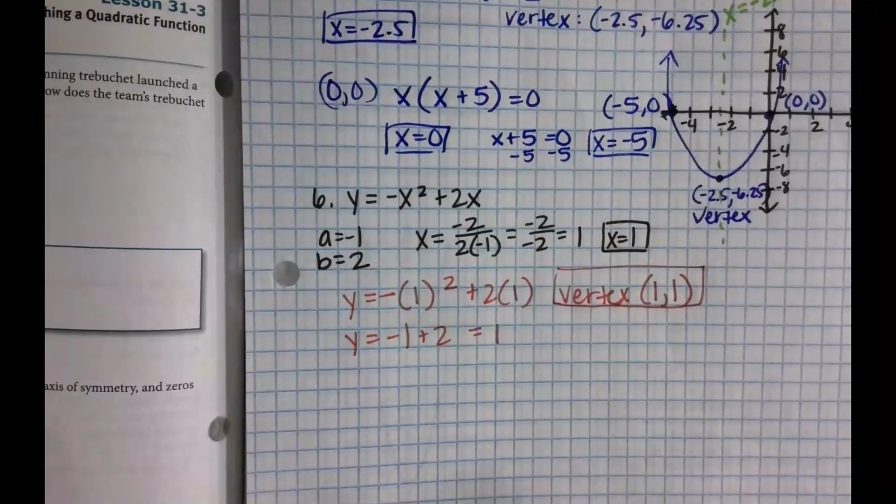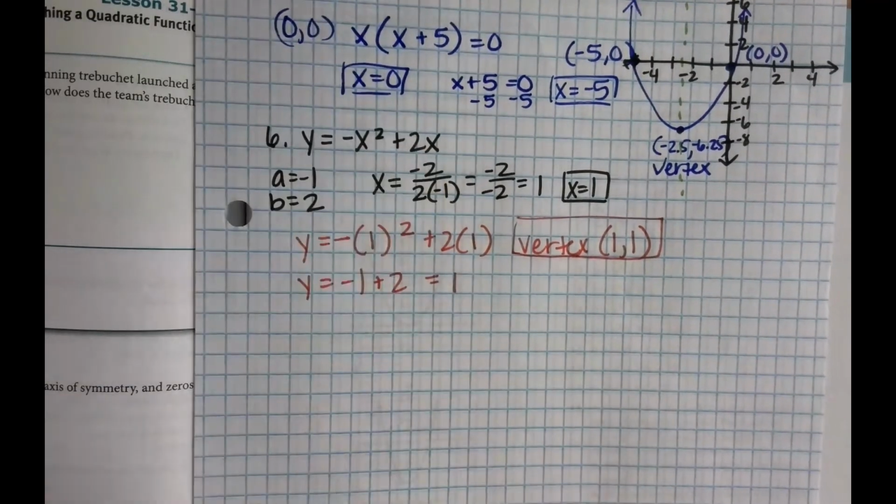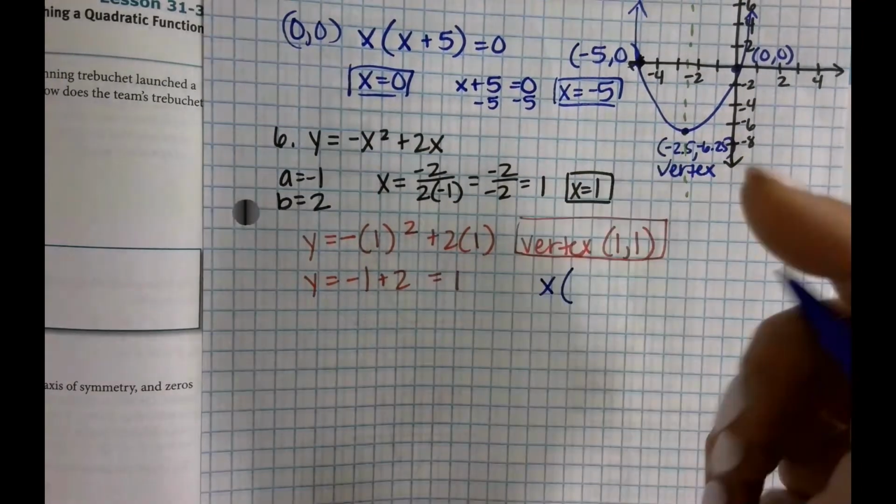Then we need to find our zeros. So we need to find a greatest common factor. Again, I'm noticing I don't have a c value, so let's pull out an x. Negative x squared divided by x is negative x, and then 2x divided by x is plus 2.